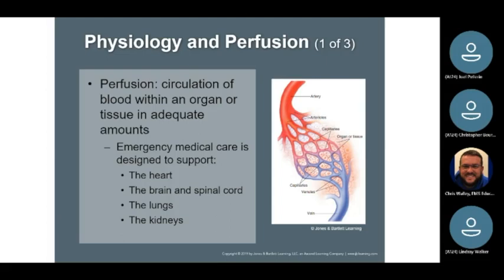In shock, which is hypoperfusion, the system fails to provide sufficient circulation for every body part to perform its function. Emergency medical care is designed to support the heart (cardiovascular system), the brain and spinal cord (central nervous system), the lungs (respiratory system), and the kidneys (renal system).